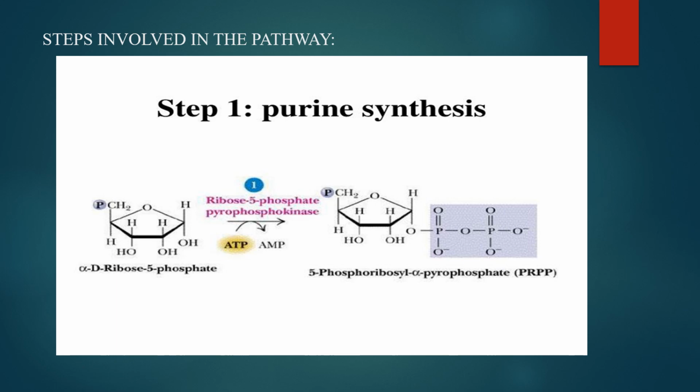Here we have ribose phosphate, the active form, which reacts with ATP to form phosphoribosyl pyrophosphate, catalyzed by the enzyme PRPP synthetase. This is an energy utilization process, whereby ATP is converted into AMP, which provides its pyrophosphate group to the substrate at the first position of the ribose sugar.